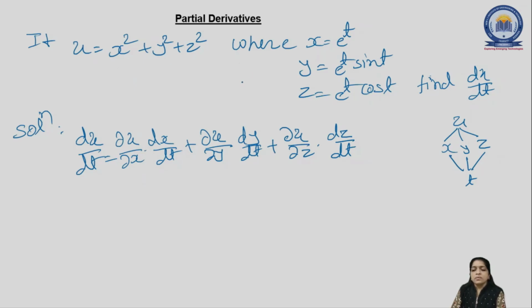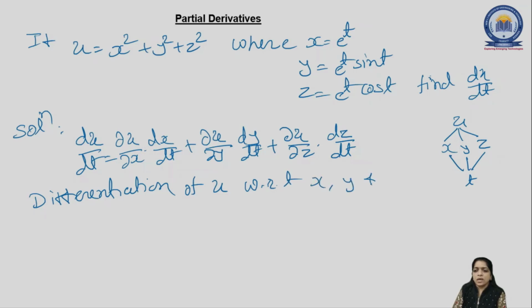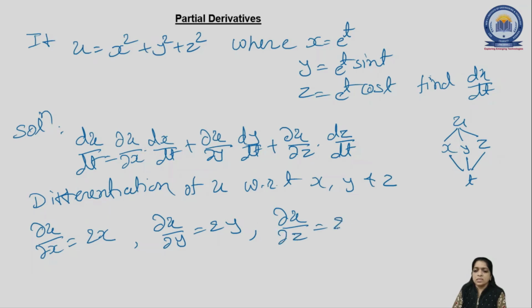Then we have to find the simple derivative of x, y and z with respect to t. So let's start the differentiation of u with respect to x, y and z. Here del u by del x is 2x, del u by del y is 2y, and del u by del z is 2z.